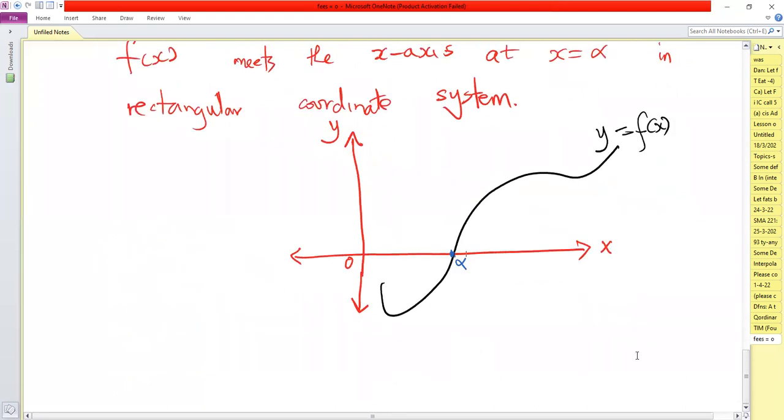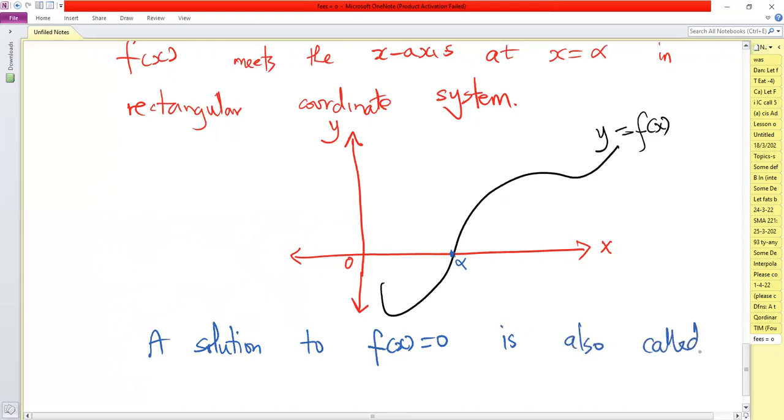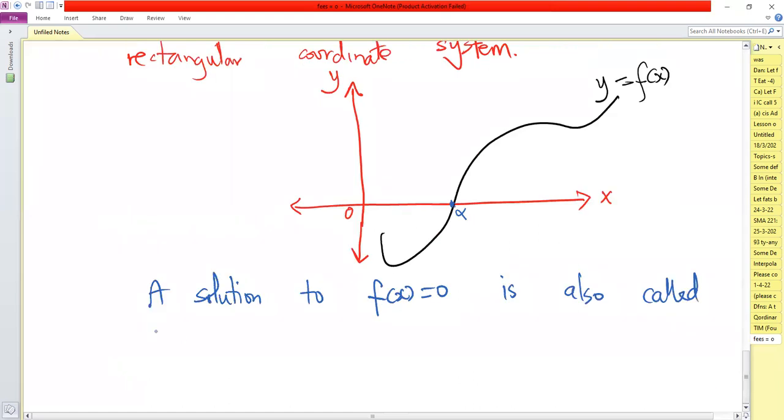So a solution to the equation f of x equals 0 is also called the root or zero of f of x.